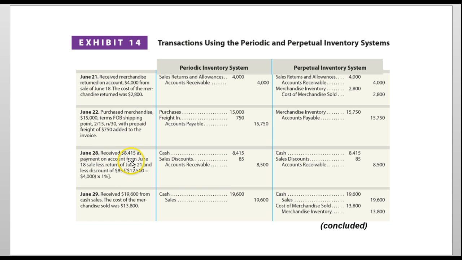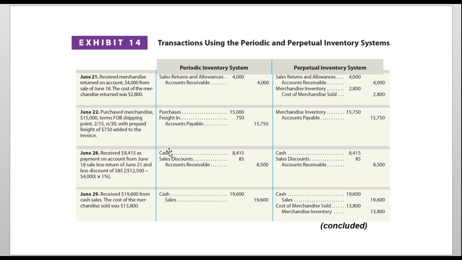We come back and we've received payment on account from June 18th sales, less the sales discount. So this one, we must have had a return on it also, because it's $12,500 minus $4,000 times 1%, which gives me a sales discount of $85.